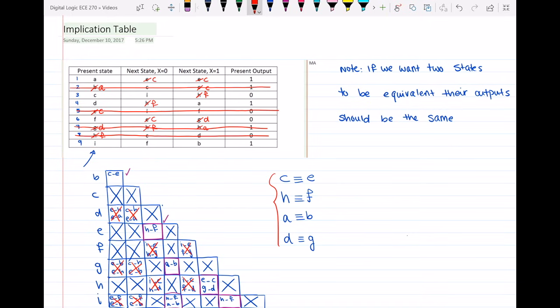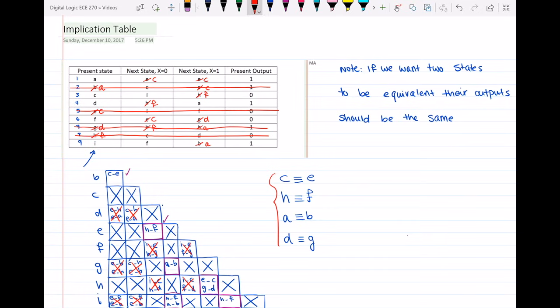Then row 9. In row 9, I have I, and then I have F, which will remain the same. And then I have B that I will substitute by A, right? So what is happening here? You will see that rows 4 and 9 have the same next states and the same output. So it means that these two states are the same.